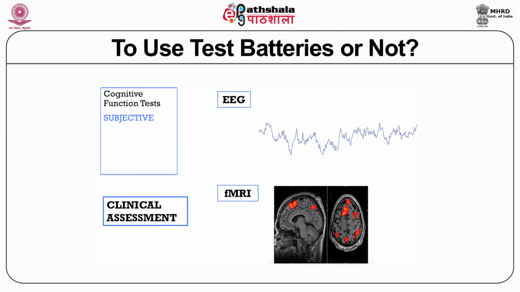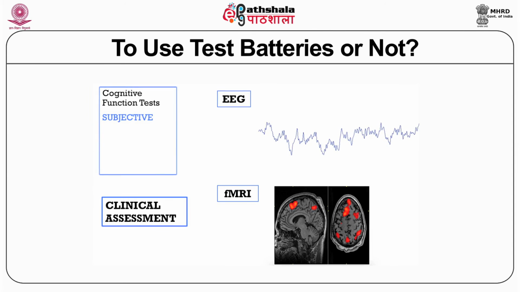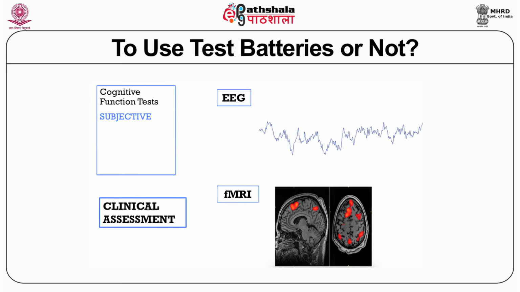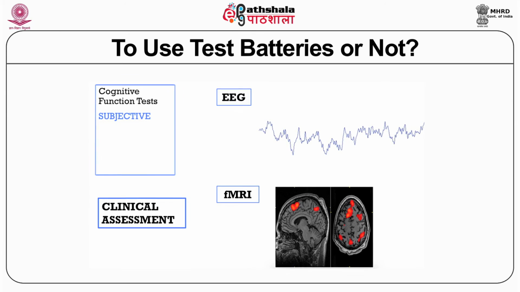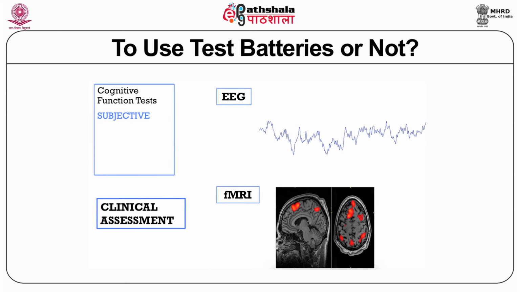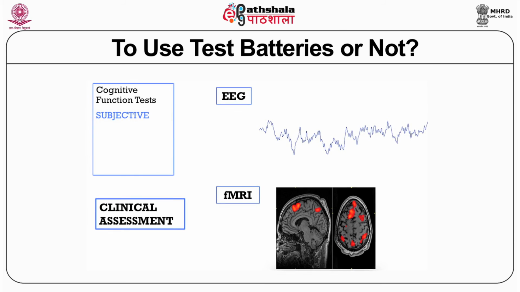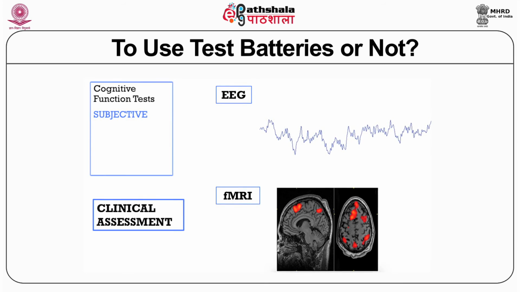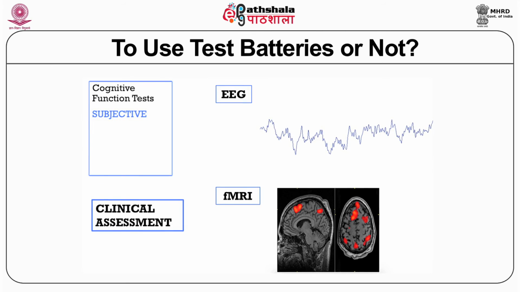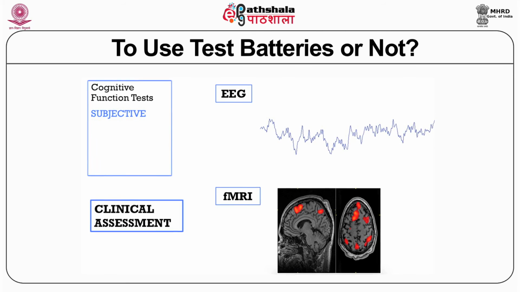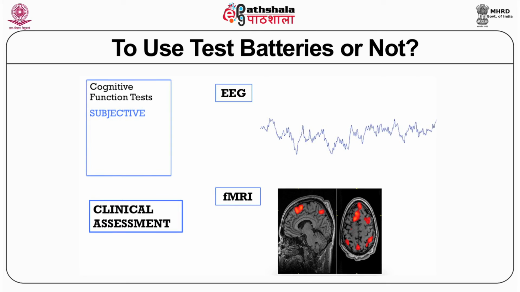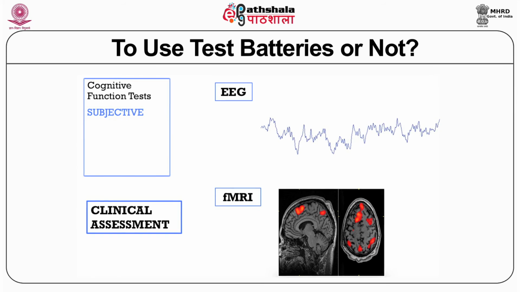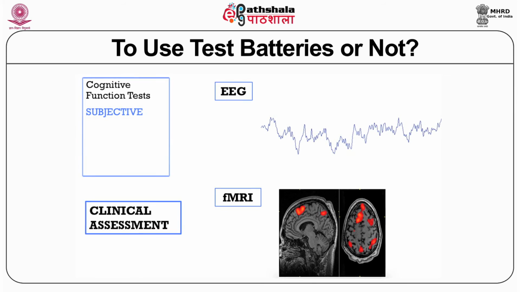But the only issue raised pertaining to the usage is, since they are subjective, thus keeping in mind the clinical scenario, the clinical profile of the patient, and collaborating it with the electrophysiological techniques like EEG, which is electroencephalography, or the event related potentials, which is ERP, or using fMRI, which is functional magnetic resonance imaging.